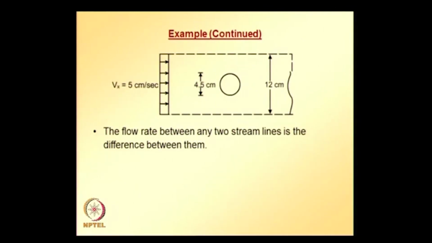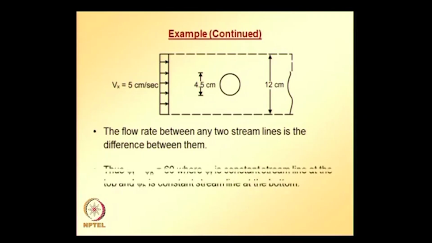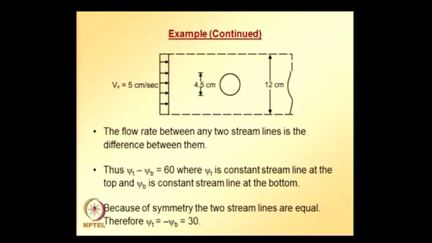So, the flow rate between any two streamlines is the difference between them. And because of symmetry, the two streamlines are equal, and actually because of symmetry we can model only a quarter of this domain. In that case, psi t is going to be minus of psi b, equal to 30, which is half of 60.